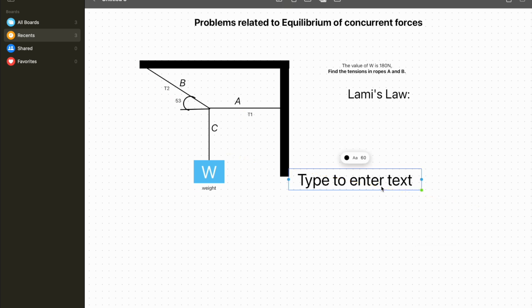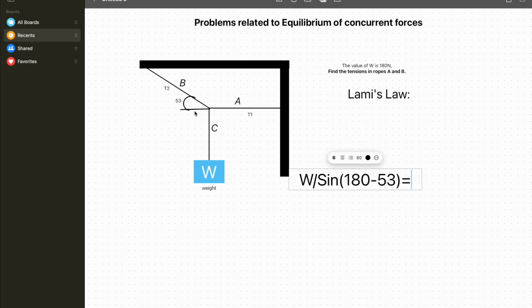So W by sine of 180 minus 53 is equal to the tension along this x-axis, T1, the tension 1, and it's angled with 90 plus 53, if I'm not wrong.